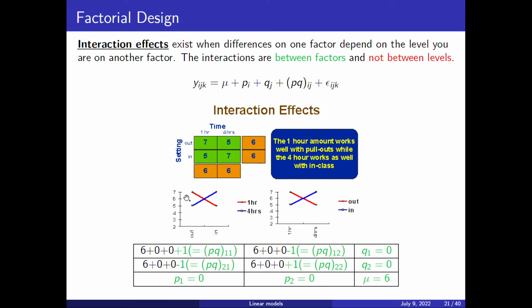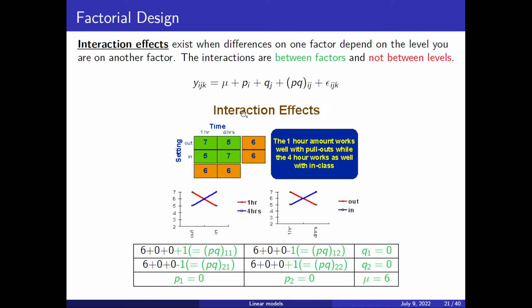And if I want to explain this 7, I cannot, because I would say, okay, it is the overall mean plus 0 because you are 1 hour, plus 0 because you are out of class, and then I get 6, I don't get 7. And the same here, I would get 6 and not 5. So there is something else that I'm not explaining with my model.